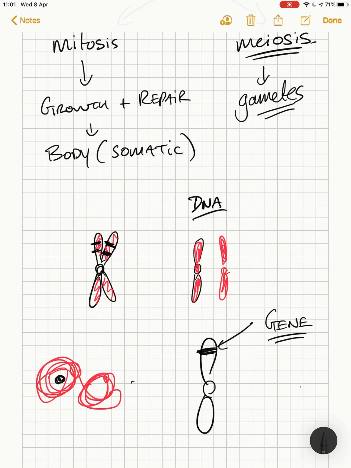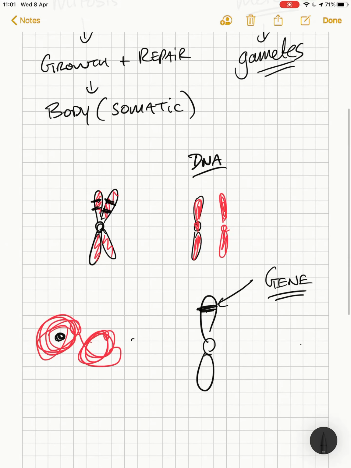But for now, let's just take DNA as being a code, a sequence of information that is kept in the nucleus of the cell, which we covered last lesson. And it allows our characteristics to be stored as genes, which are kind of sets of information. So this gene, this section of information, will code for a particular characteristic, and we'll learn more about how that works in a subsequent video.